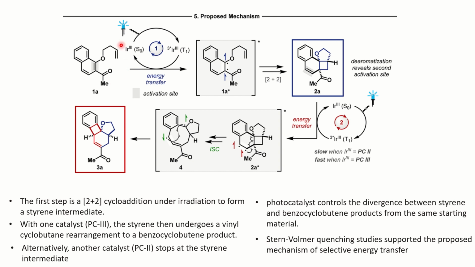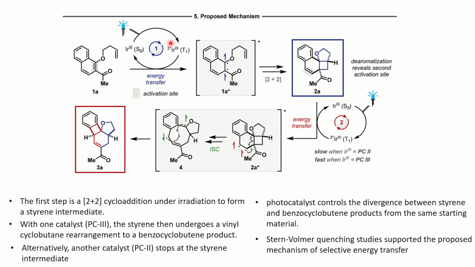So let's start with the starting material that they have chosen, that is the naphthol, 2-naphthol, 1-naphthol derivatives. As I already have said, they have used iridium based photocatalyst that is acting as an energy transfer catalyst. So first, iridium 3 is, not really oxidizing, just singlet to triplet energy transfer. I hope you are a bit aware of the singlet and triplet states, and the energy transfer that has been done by these photocatalysts.